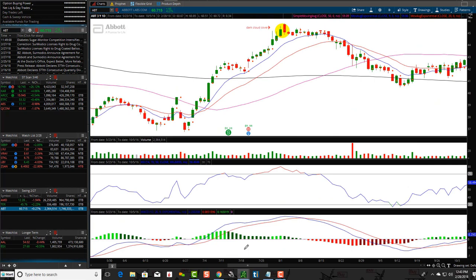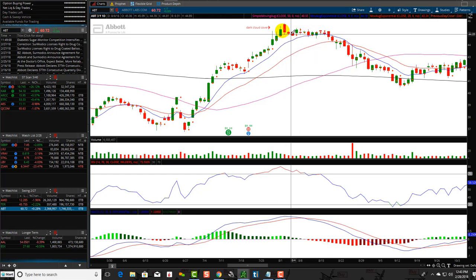ABT back over here. So this one's kind of close. You see a big green candle. The red candle covered the green one. Now it closed about halfway through. You don't want to discount it and say, oh, it's only halfway through, so it's not a complete dark cloud cover. Be aware that price is overextended, far away from the moving average lines, and wants to pull back.